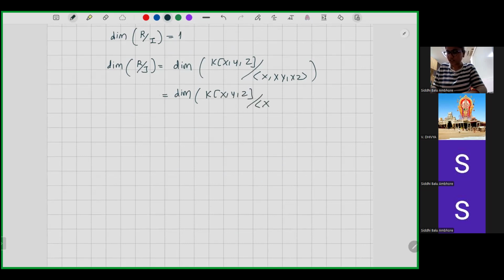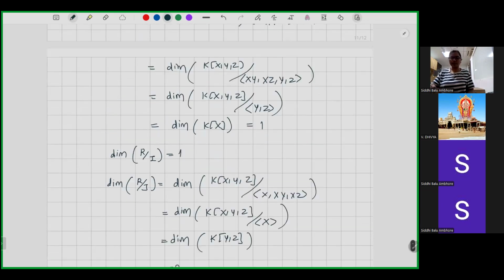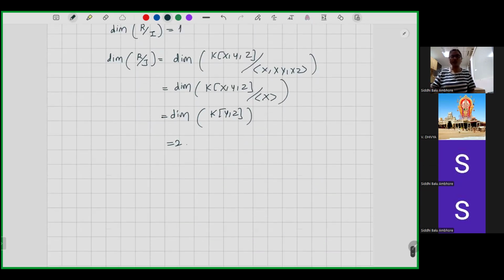I mean, these are just calculations, so nothing much to explain. And we are in monomial ideals, so it is not very difficult to see what is happening here. Still, if you have any doubt, so this is true. Okay, so I have the dimension of R mod J is 2 and the dimension of R mod I is 1.